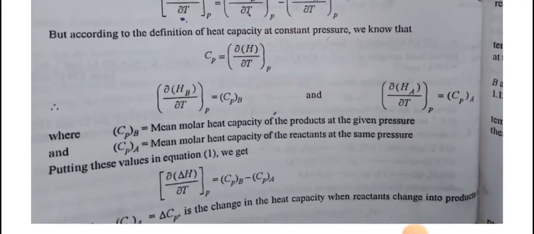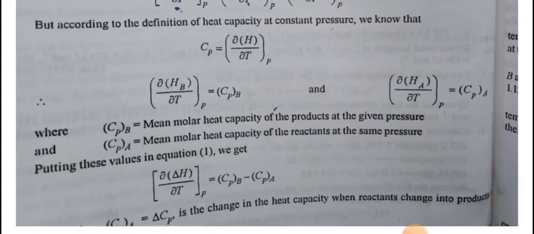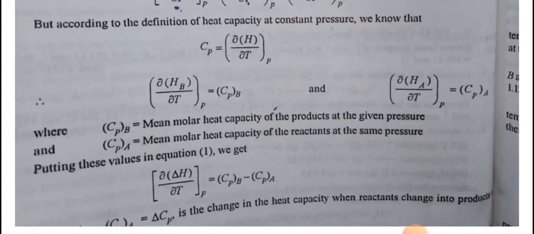Del HB divided by del T at constant pressure is equal to Cpb and del HA divided by del T at constant pressure is equal to Cpa, where Cpb is equal to the mean molar heat capacity of the products at the given pressure and Cpa is equal to the mean molar heat capacity of the reactants at the same pressure. Putting these values in equation 1, we get del delta H divided by del T at constant pressure is equal to Cpb minus Cpa.